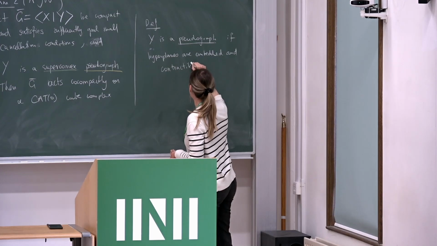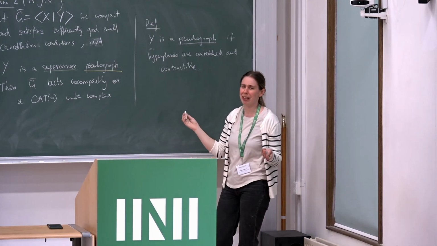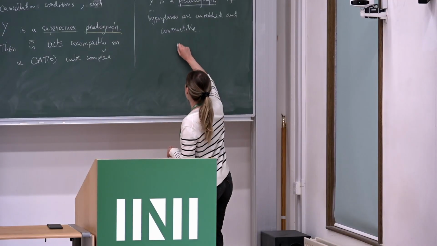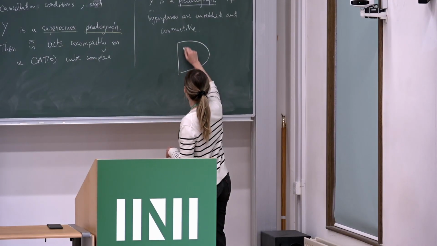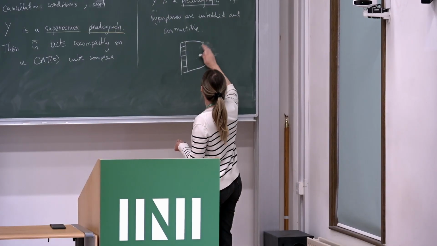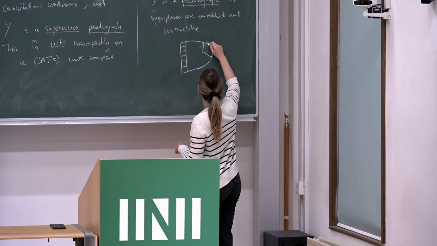I don't know if it would make sense to say contractible if they were not embedded. Anyways, here is what you should picture. You should picture something that looks sort of like a graph, but maybe thickened a little bit.